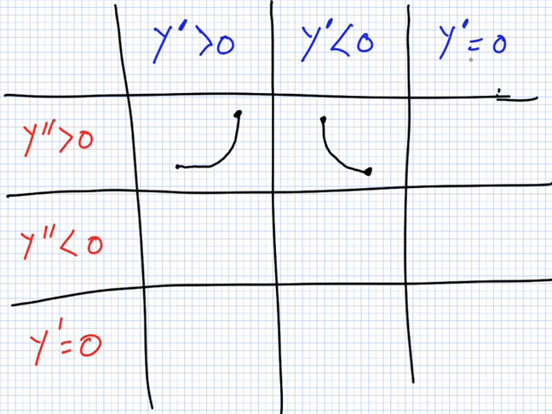Okay. If the first derivative is 0, what does that mean? It's flat. But it is also convex. No, not that one. You're thinking of down here. This one here, if the first derivative is 0, that's a turning point. And if the second derivative is positive, that means it's a minimum.